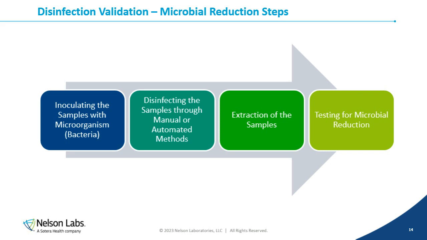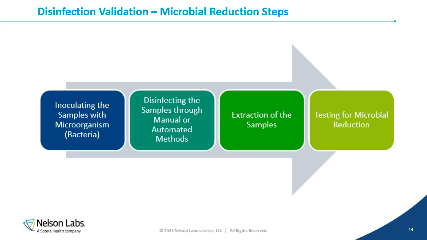After the disinfection process, you will extract the samples, and then you will test for microbial reduction. So you'll look for a recovery of microorganisms from the test samples, and compare those to a positive control and calculate a log reduction value.